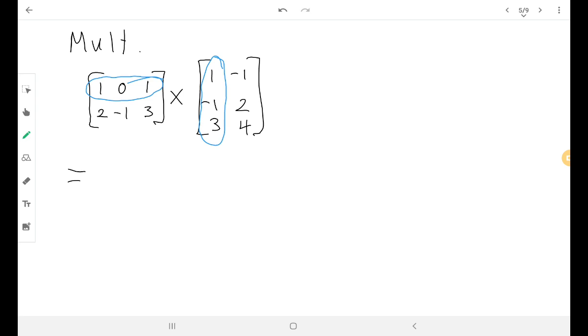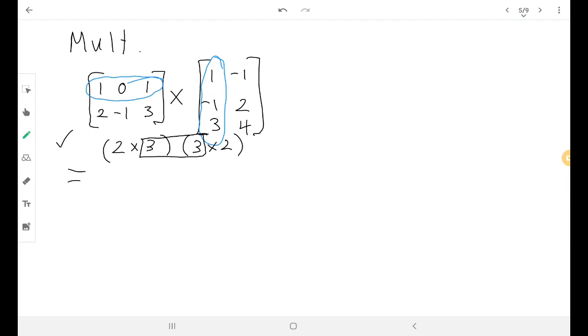And first we should check, is this possible? So we've got a 2 by something matrix, and it is by how many columns? 1, 2, 3. So we've got a 2 by 3 matrix being multiplied by a 3 by 2 matrix. So our inner numbers are the same, so yes, we can do it.